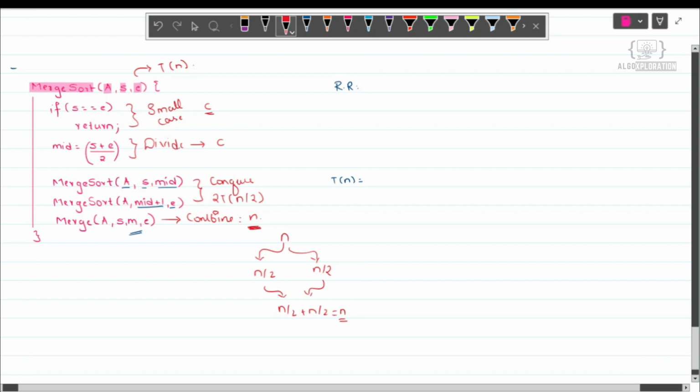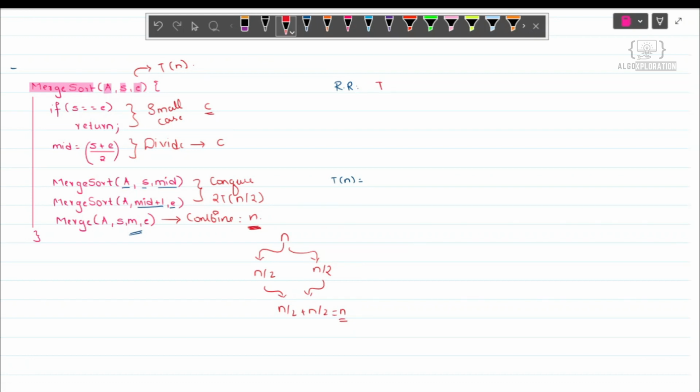Now let's find the recurrence relation. T of n is equal to 2T of n by 2 plus n when the number of elements is greater than 1, or else order of 1 if the number of elements is equal to 1.